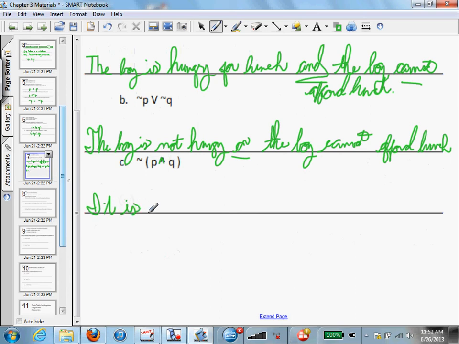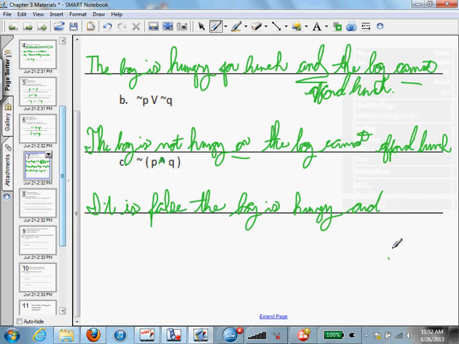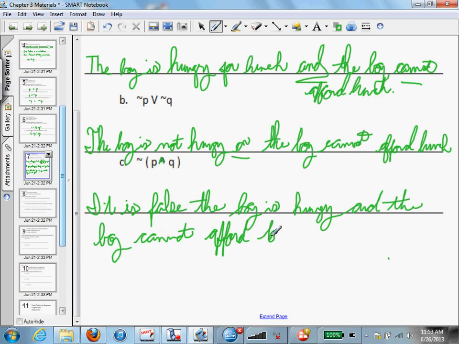It is false the boy is hungry and the boy cannot afford to buy lunch.